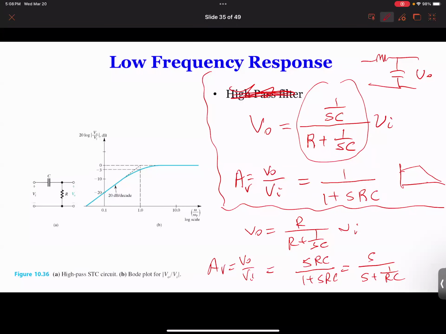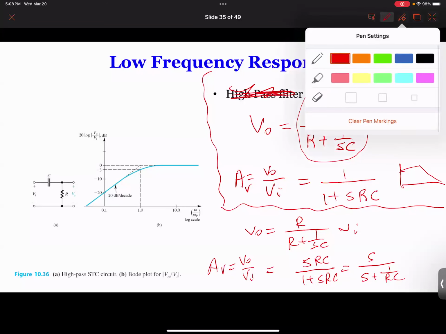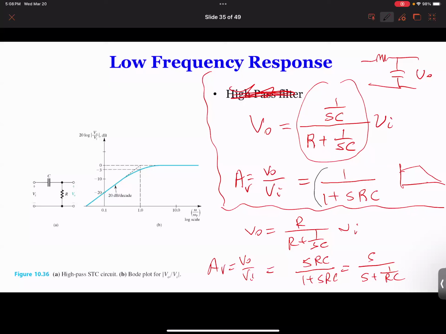So I want to challenge you at this point with one thing here. See, in the high frequency response, or low pass, we write it in a different way than we write it in the low frequency response. Here we write 1 plus SRC, but here we write S plus 1 over RC. Of course, you can multiply by RC and you get 1 plus SRC, but in a frequency response, in the high frequency domain, we always write it like this.